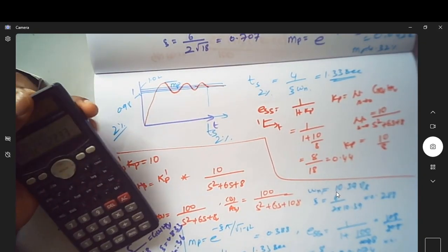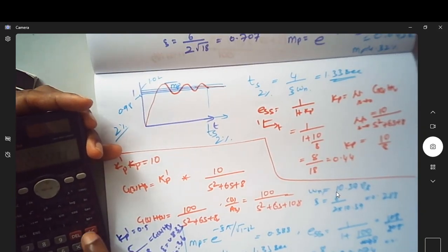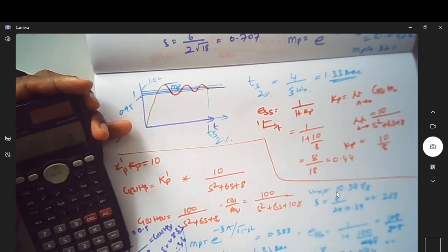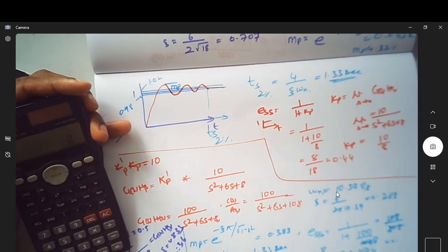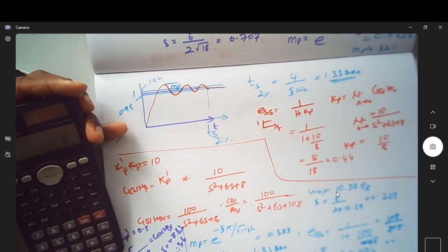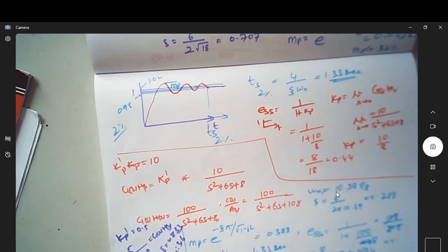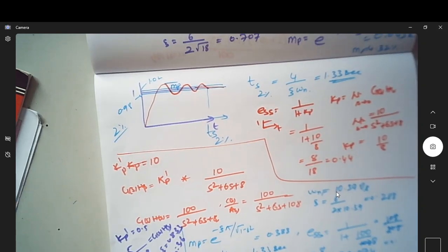Let us find out what is ESS. ESS now becomes, can you see, 8 by 6. So this will become 0. Now for this, it is 1 over 1 plus 5 by 8.